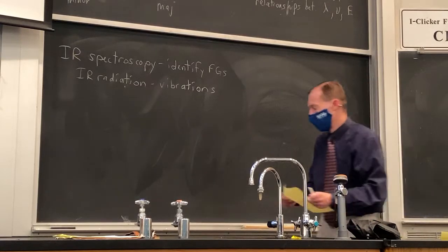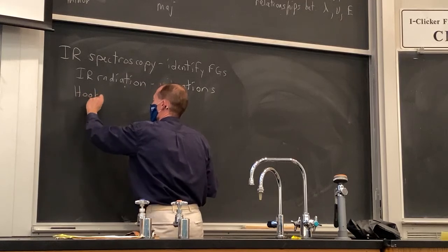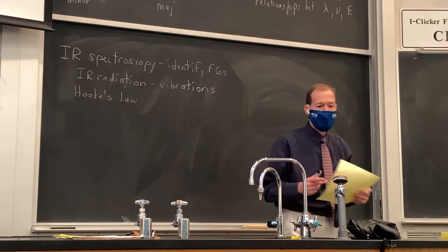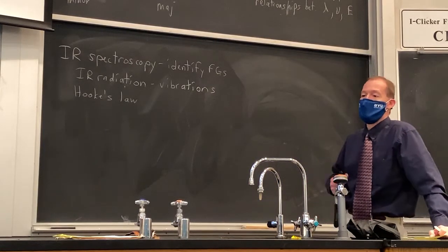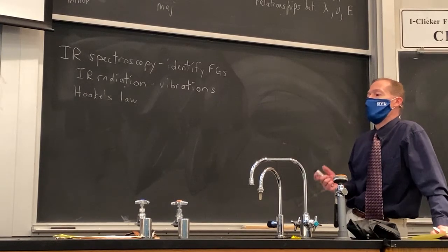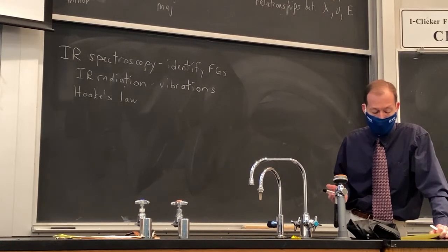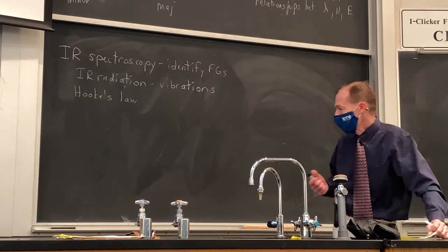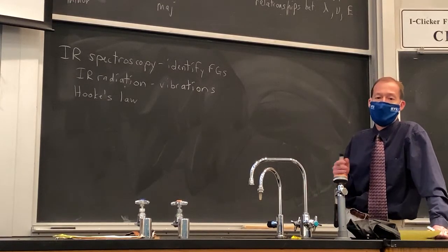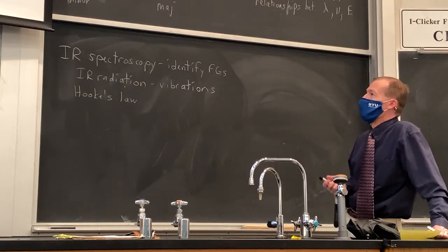And then we also learned or reviewed Hooke's law, to understand the relationship between bond strength and the absorption frequency, and the relationship between the atomic masses of the atoms that are involved. So understanding Hooke's law helps us understand the relative positions of the stretches of different bonds in the infrared spectrum.